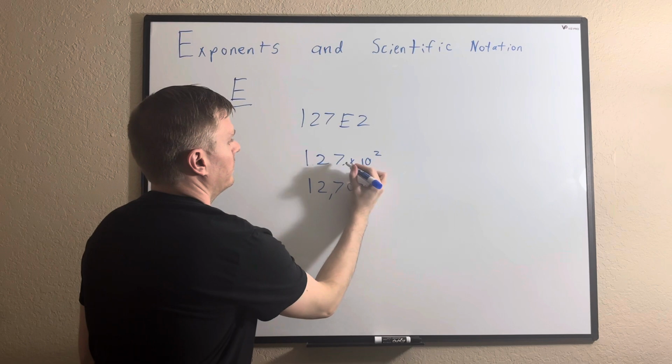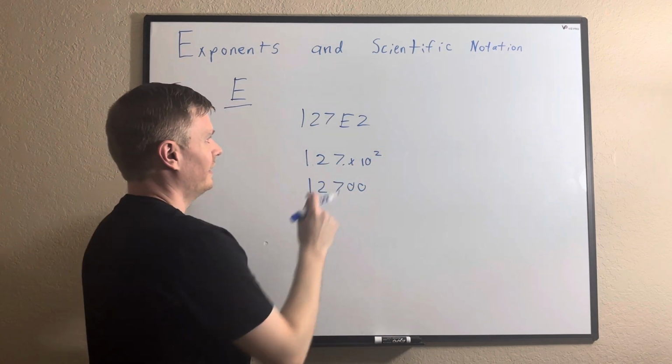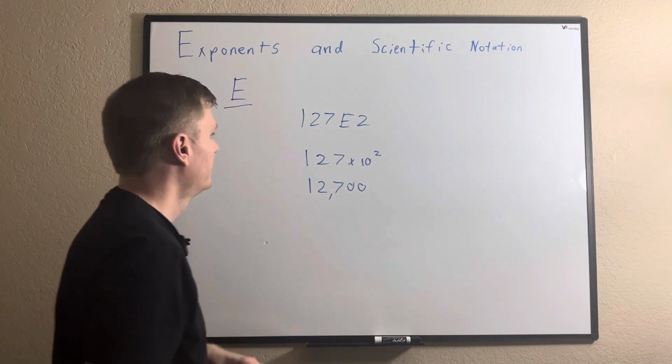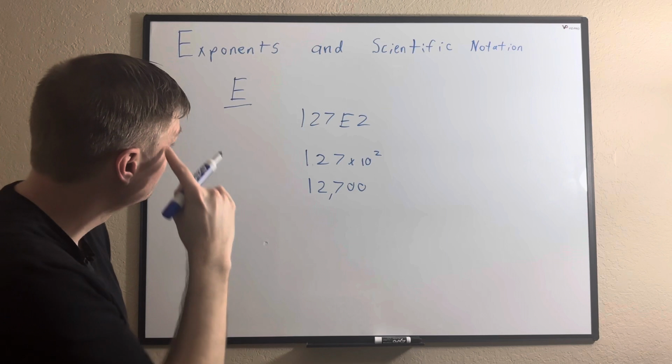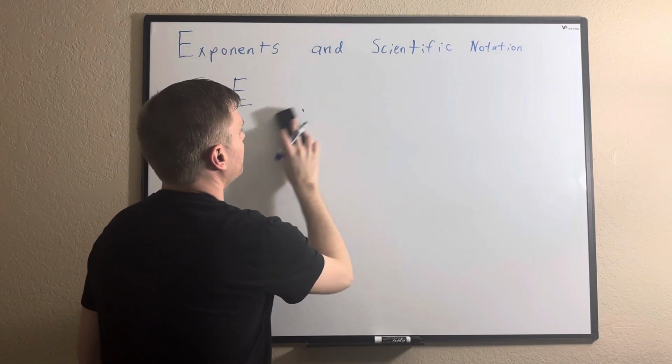Take that decimal point, move it over twice. See, it's not really a very good scientific notation because the decimal should be over here. But you get the idea.